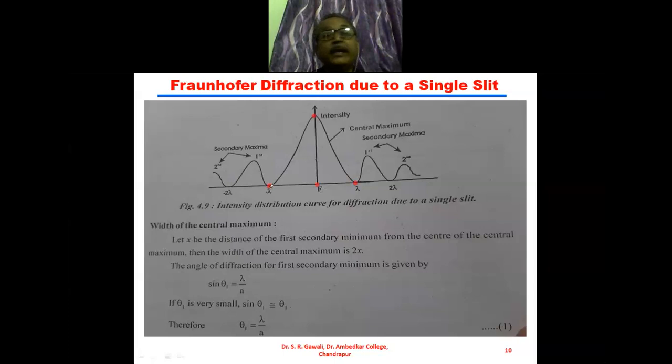Then we get the second secondary minimum.